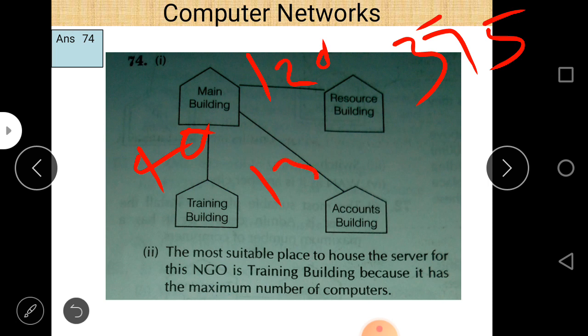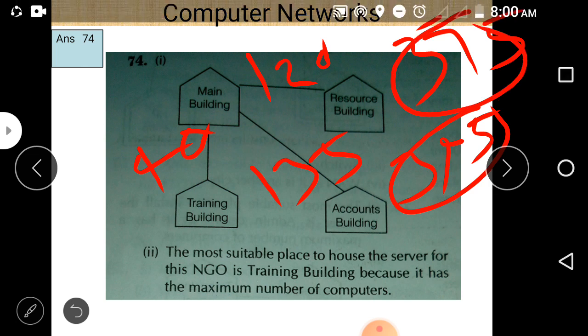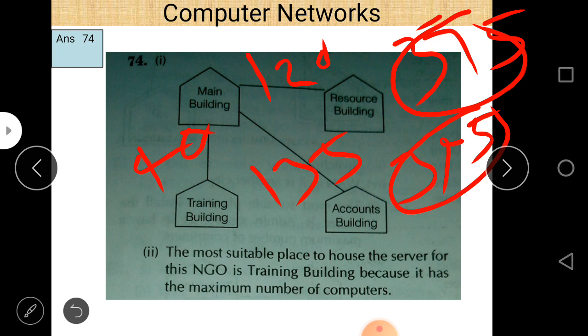So the distance is around 120 plus 40, 160, plus 35, 195, plus 100, 395. So the answer given in your book is 395, and we use only 375 meter cable. So the answer which I suggest is more accurate than the answer given in the book.